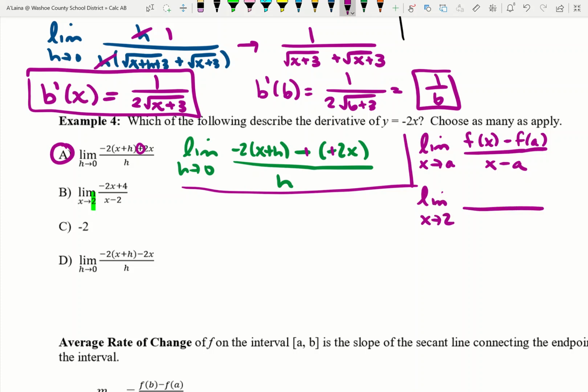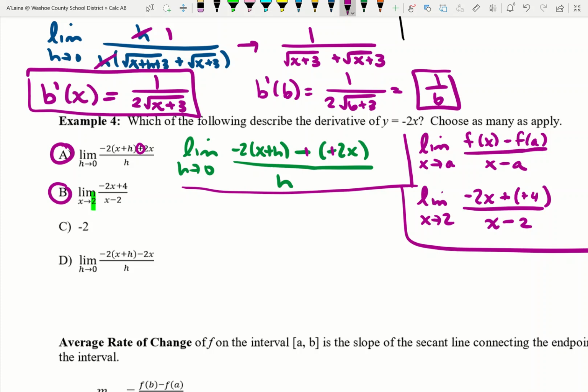So I have f of x, which is the expression negative 2x, minus f of 2. If I substitute in a 2 here, I would end up with negative 2 times 2, or negative 4, which ends up being plus 4, over x minus the input that I'm using as my constant, which is 2. This is another match.